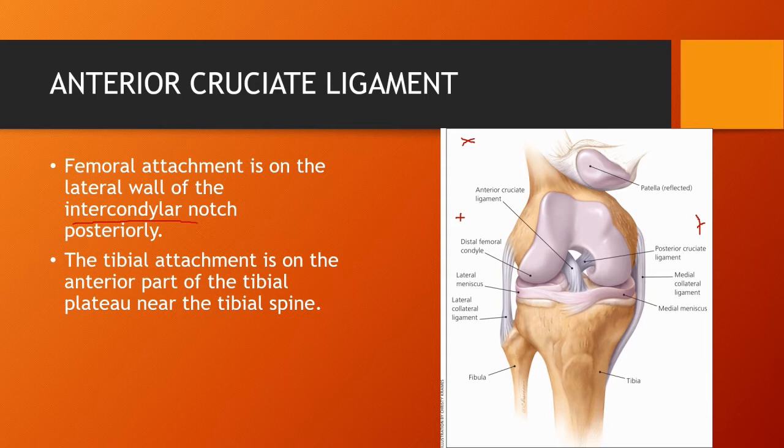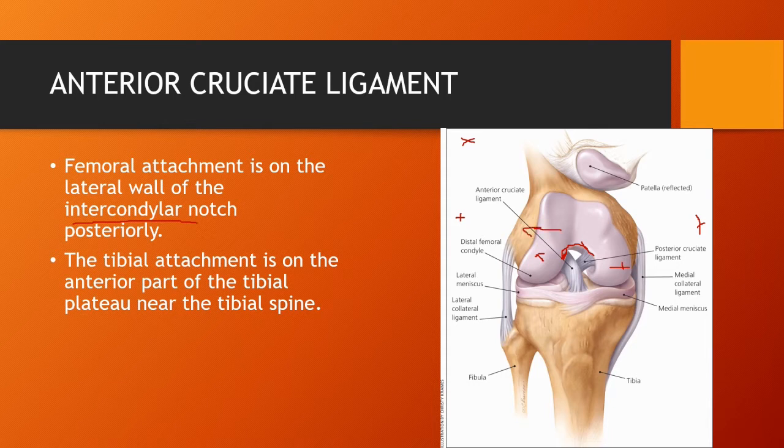That's what intracondylar means. So here's the lateral femoral condyle. Here's the medial femoral condyle. This is the intracondylar notch here. And the anterior cruciate ligament attaches up here on the lateral aspect of the intracondylar notch.